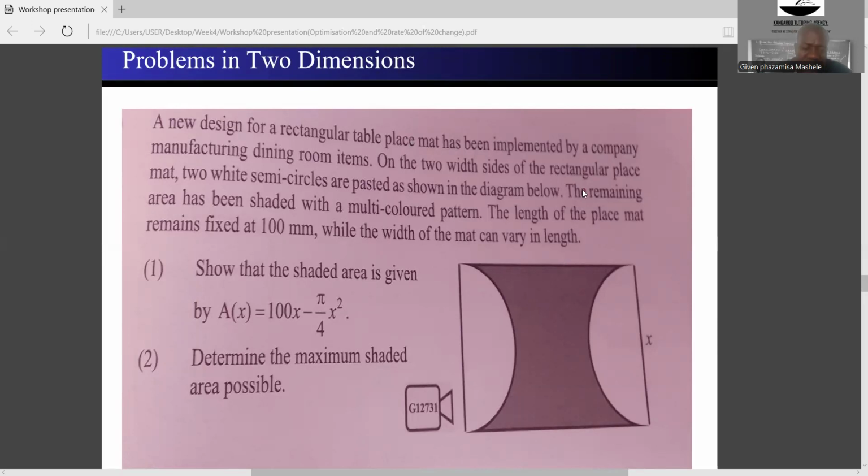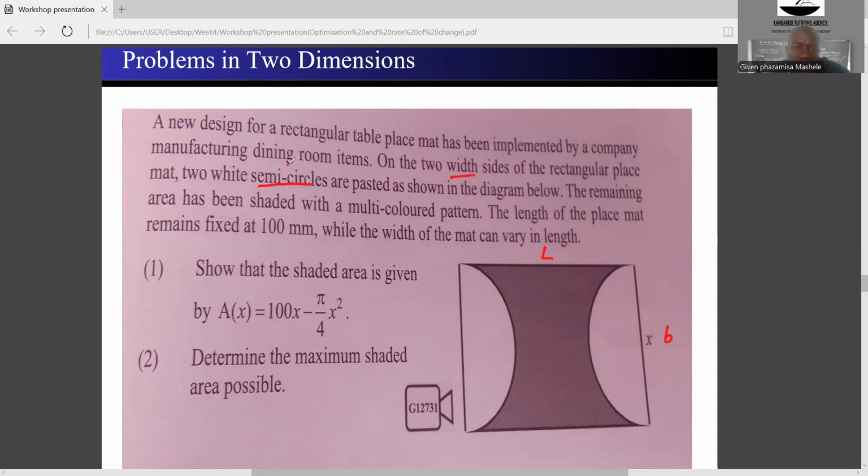We are given a rectangular sheet, and remember a rectangle has the length and the breadth. So this is our rectangle, which has the length and the breadth or the width. So on the two-width side, the width or the breadth of the rectangular placemat, two wide semicircles are pasted as shown in the diagram below.